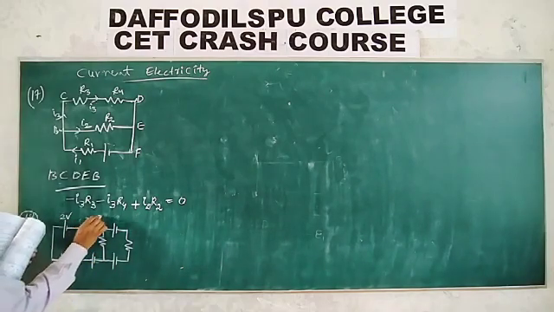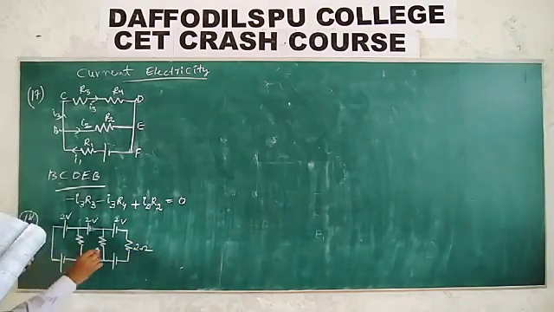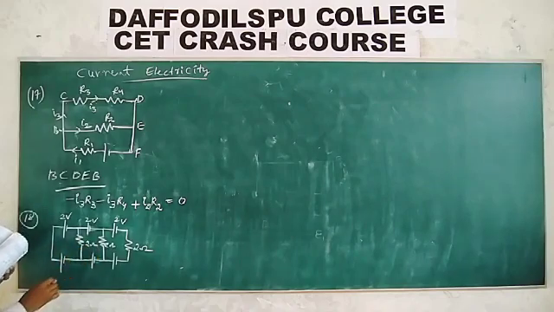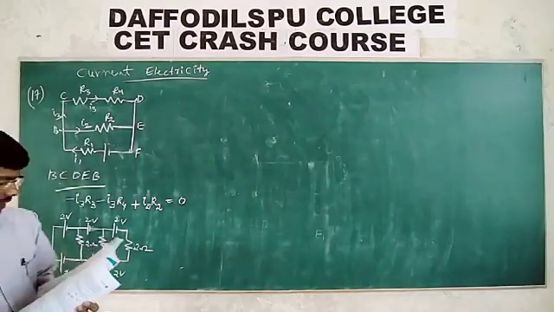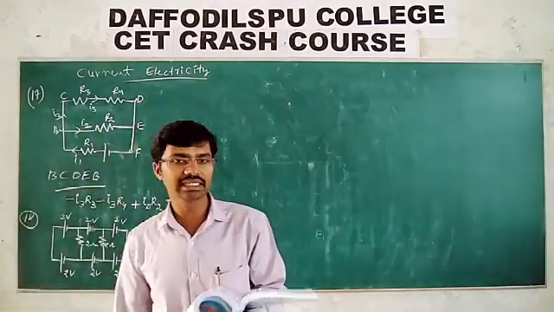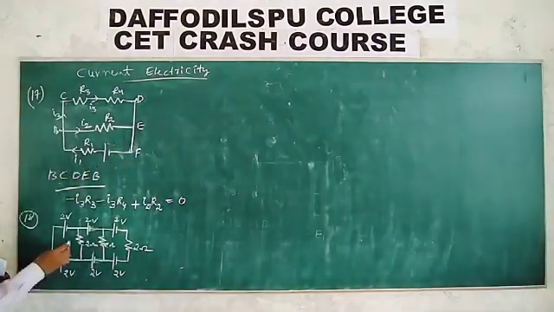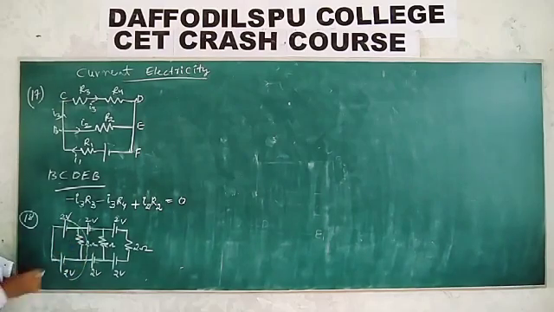Here 2 volt, 2 volt, 2 volt, 2 ohm, 2 ohm. Here also 2 ohm. Here 2 volt, 2 volt. In the below circuit, what is the current in each resistance? Look at it. For example, take any particular loop.